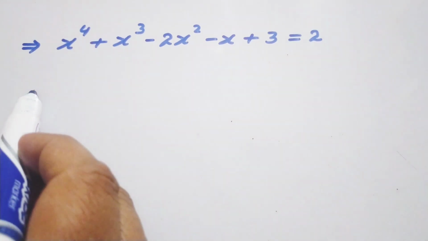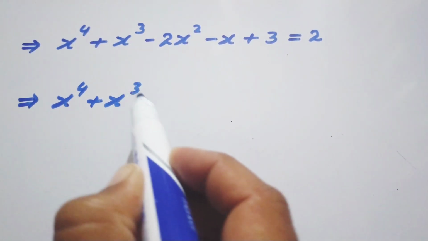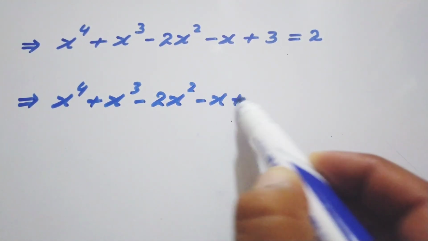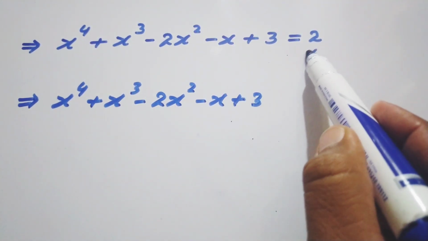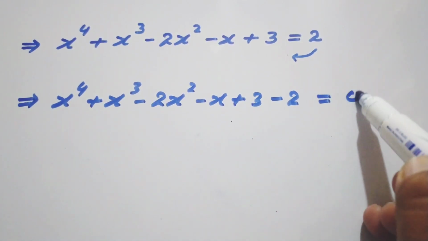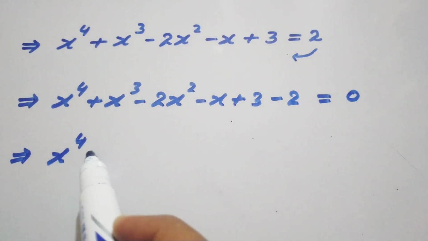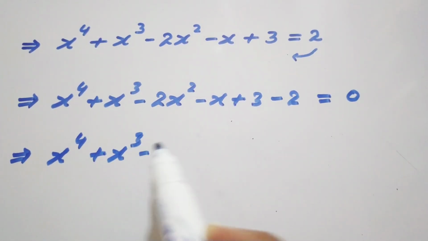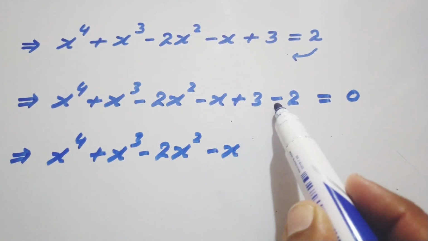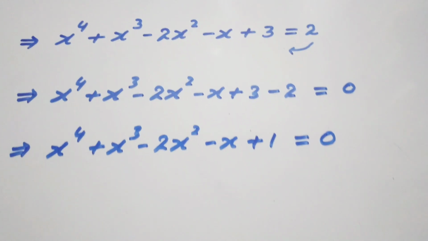Now x power 4 plus x cube minus 2x squared minus x plus 3, move this 2 from right hand side to left hand side and it will become negative 2 is equal to 0. x power 4 plus x cube minus 2x squared minus x plus 3 minus 2 gives us plus 1 is equal to 0.